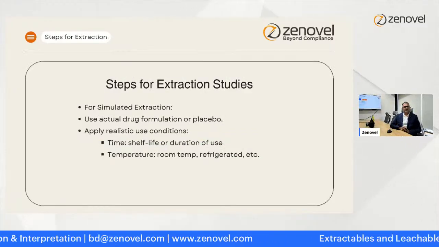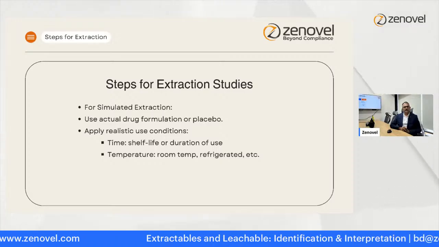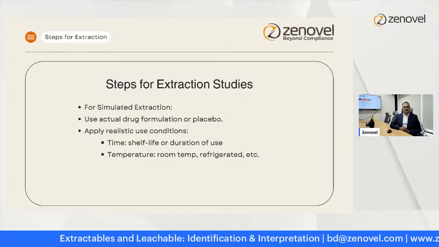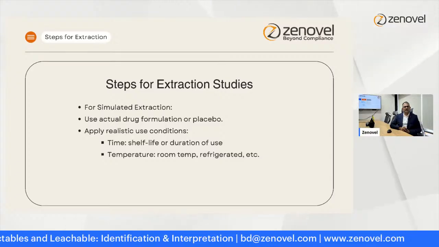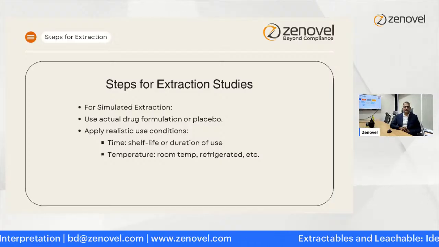As we have already discussed the controlled condition, now we are going to discuss the simulated condition. Generally, we have to use the actual drug formulation or placebo for the evaluation of simulated extraction condition.